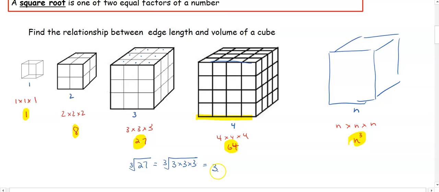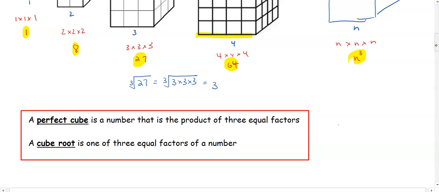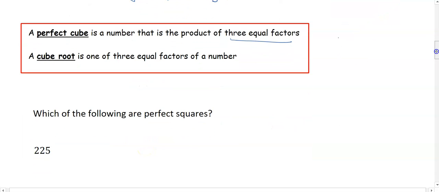So we know that a perfect cube or a cube number is a number that is a product of 3 identical factors, and the cube root of that cube number is one of the 3 identical factors.